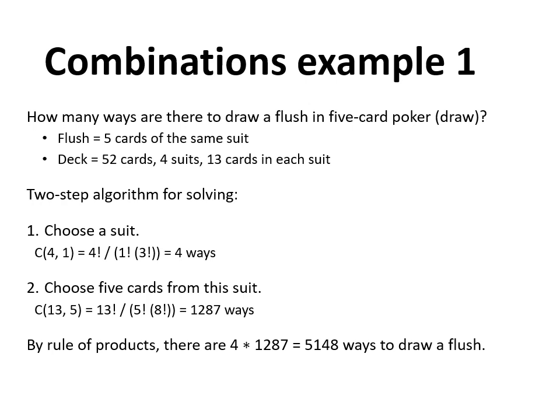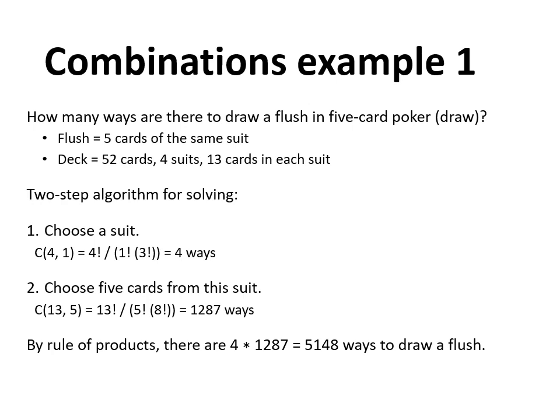So we're going to apply a 2-step algorithm for solving. First we are going to choose a suit of this flush, and there are 4 different ways to do that.